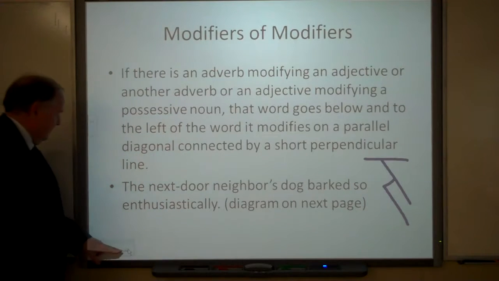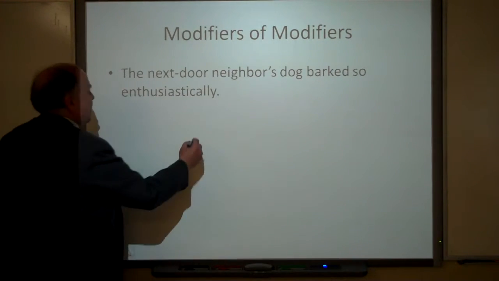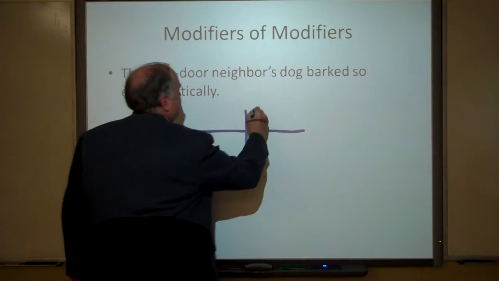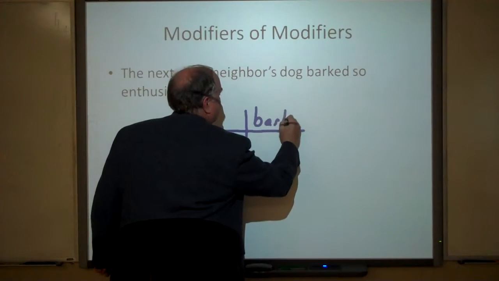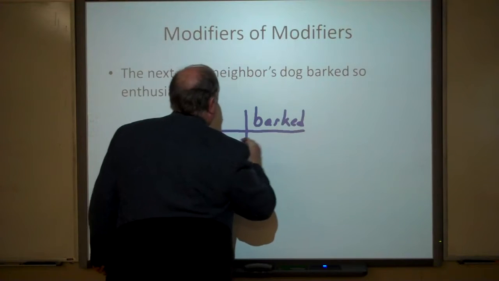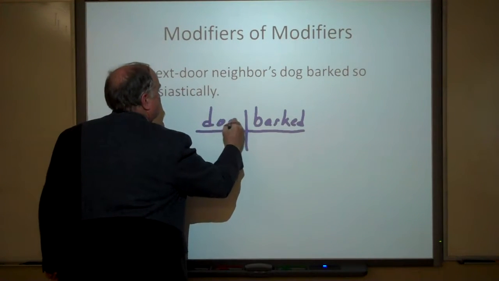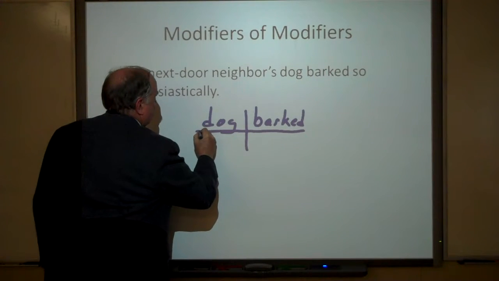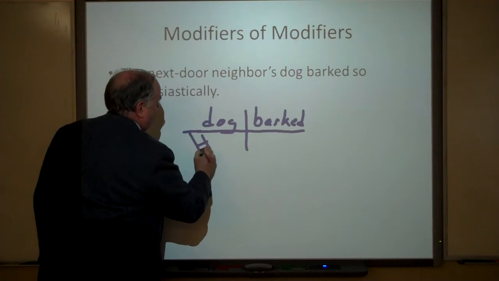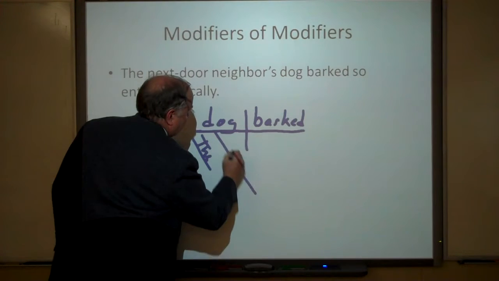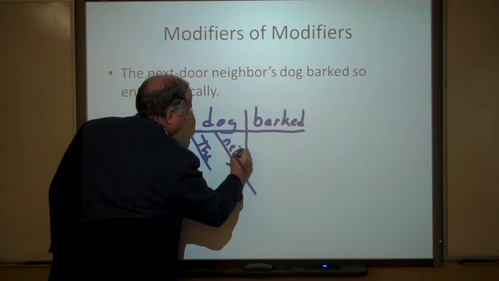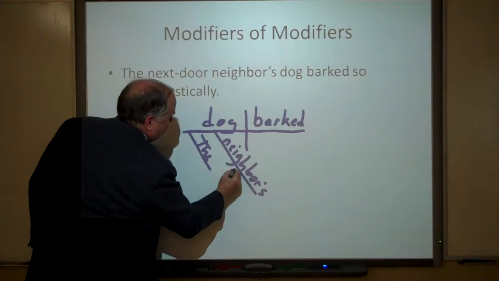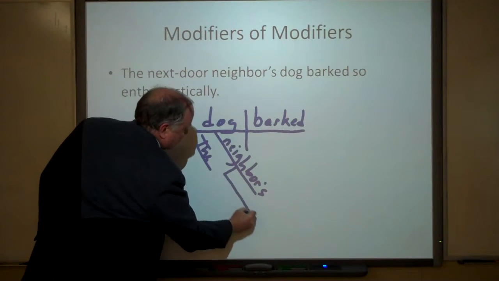So, show the diagram like this. The verb is barked. Subject is dog. The modifies dog. Neighbor's modifies dog. And then next door modifies neighbor's.